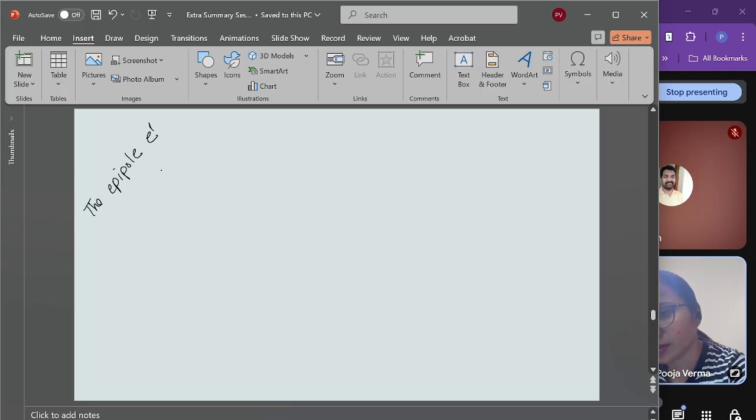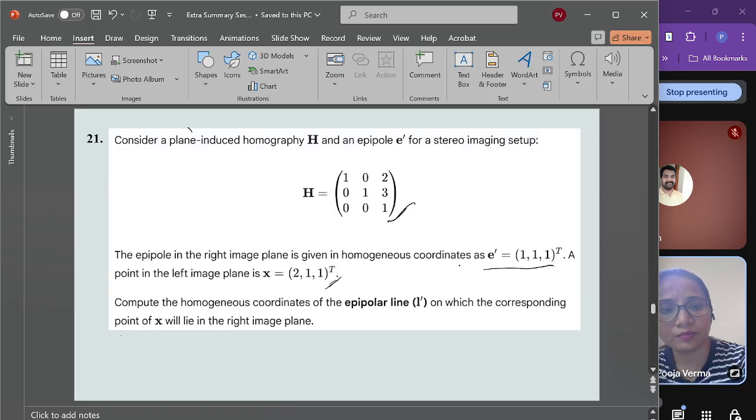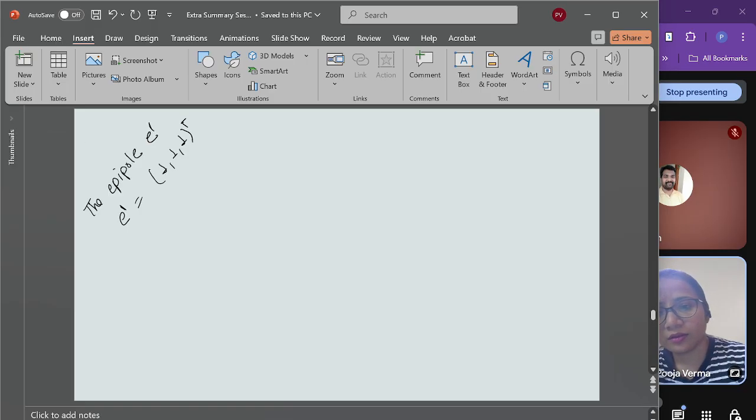We know that e dash is given as (1, 1, 1) transpose, it is given in the question here, and the left image point is also given. Now we need to calculate the corresponding right image point. So first we need to calculate the skew symmetric matrix.